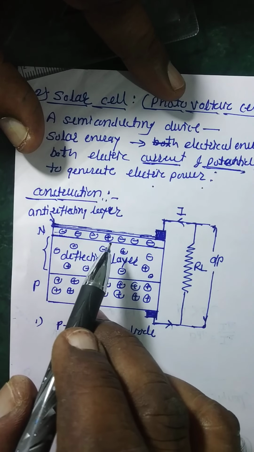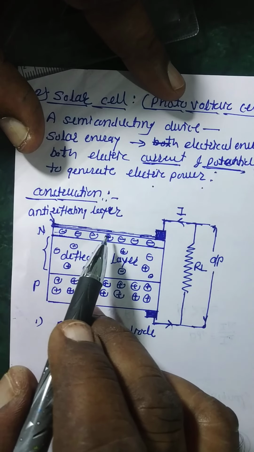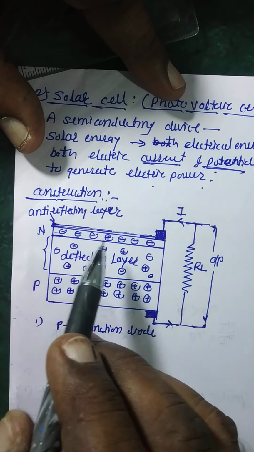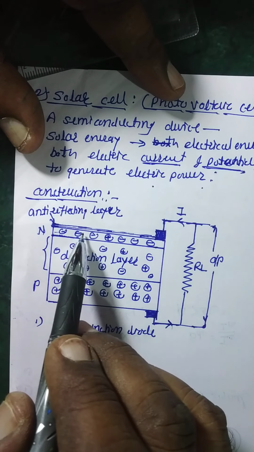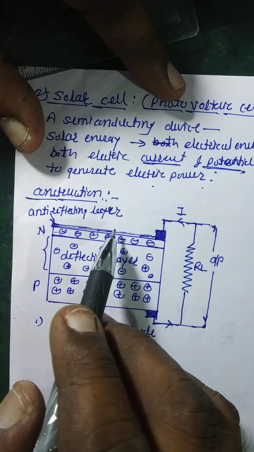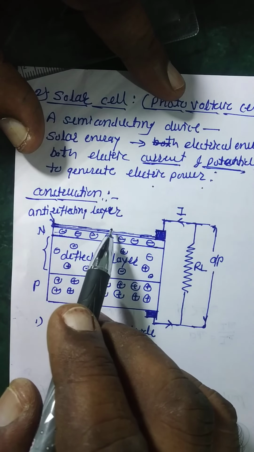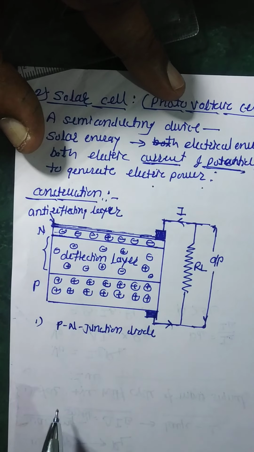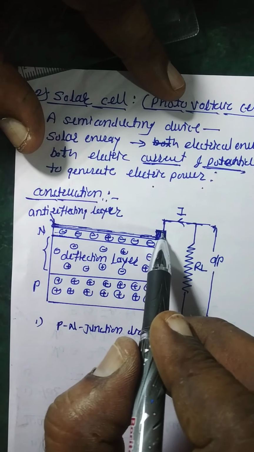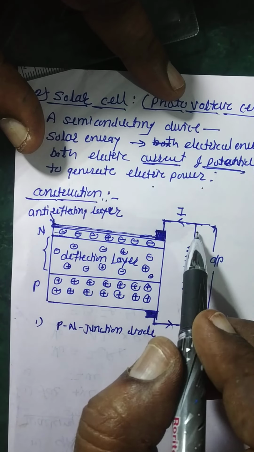The top surface is coated with anti-reflecting material to increase absorption of light, to reflect infrared radiations and protect the solar cell from heat. Two metallic conductors are connected for external connections.